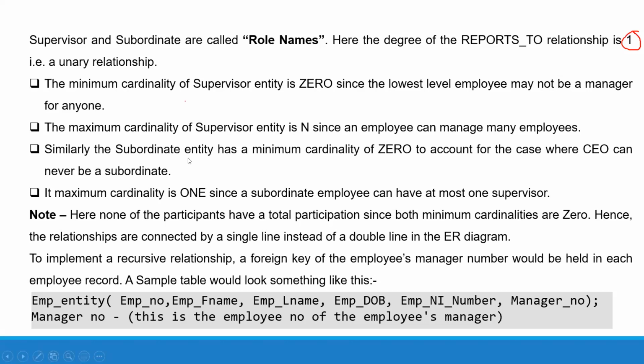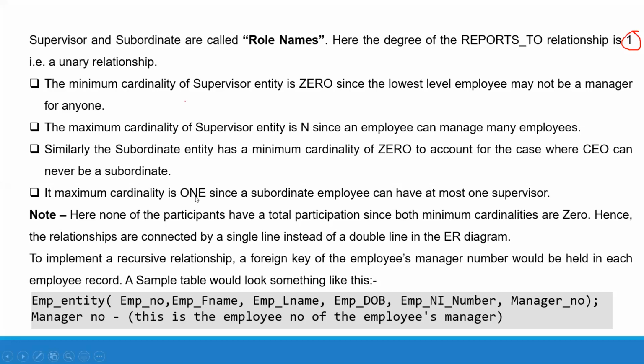Similarly, the subordinate entity has minimum cardinality 0, because the CEO or the management of the college can never be a subordinate. That's why the minimum cardinality is 0.